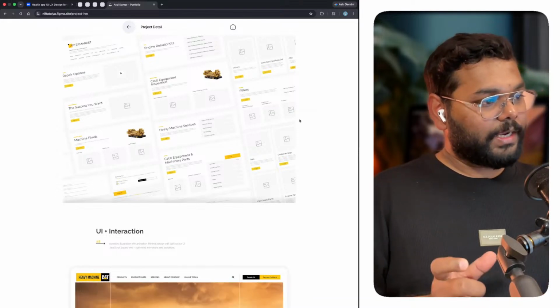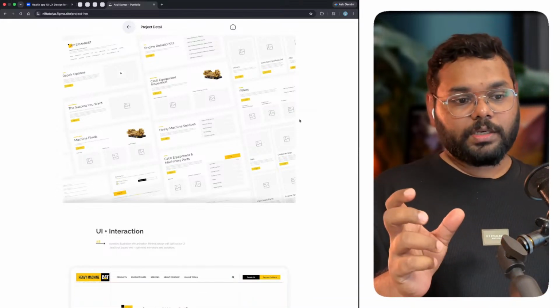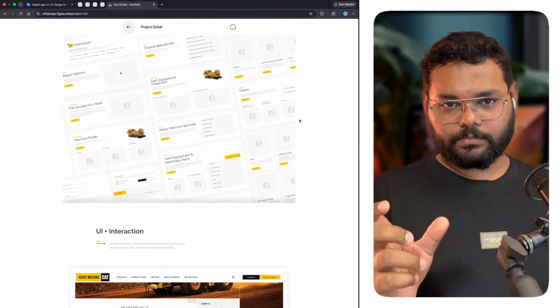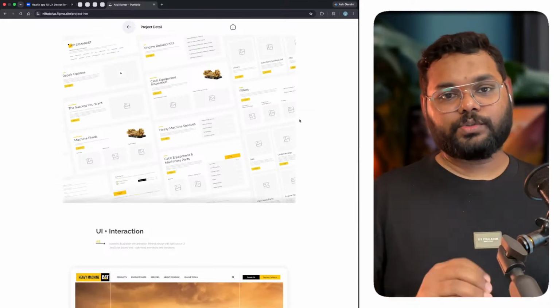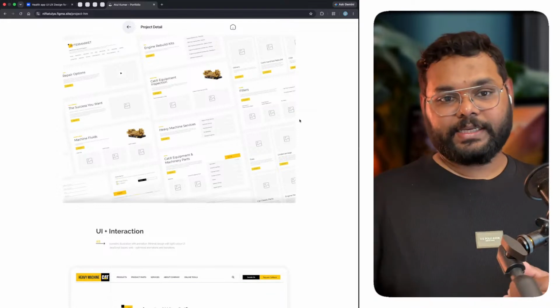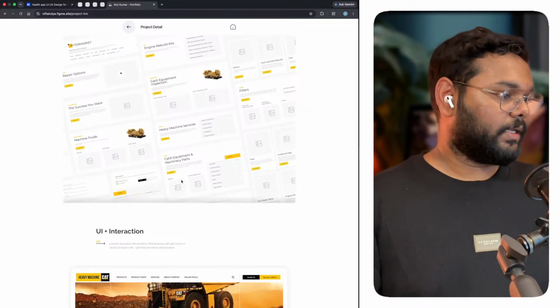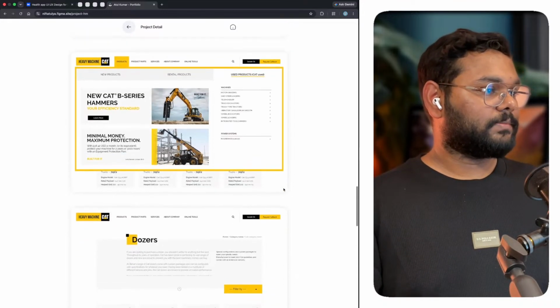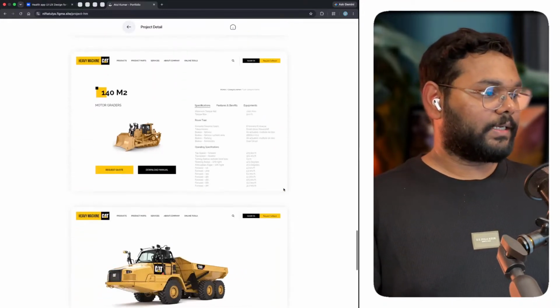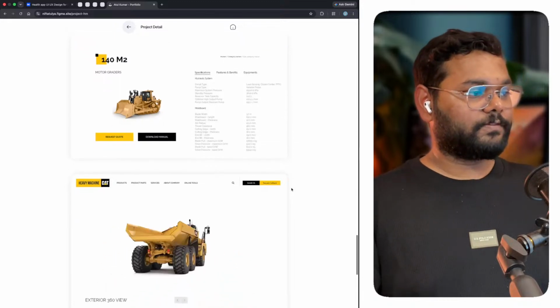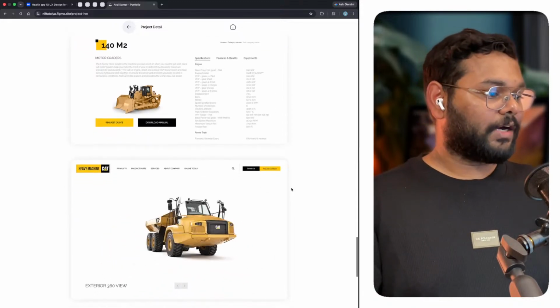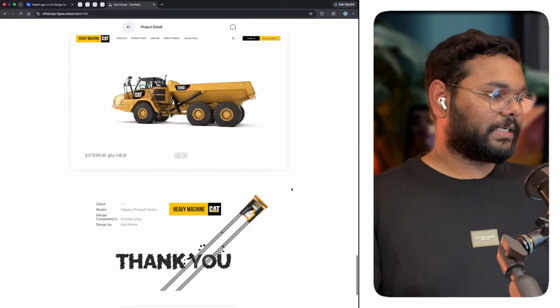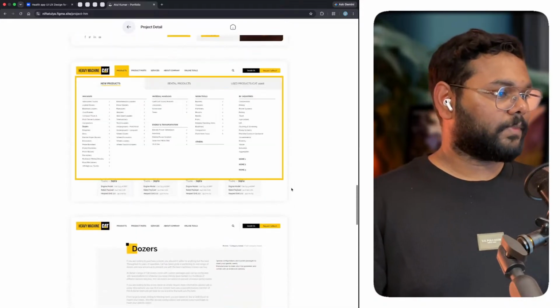So I made those small components, and by combining those components, anyone can build a site. So that's what I designed, and the developer developed it, and then they made it active. I showed a few of the demos, how they look, how they will interact, and that's how it came out.